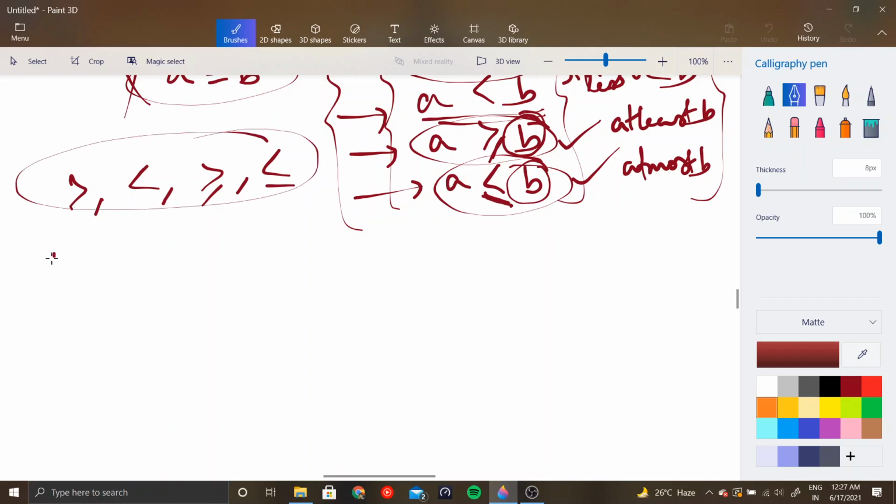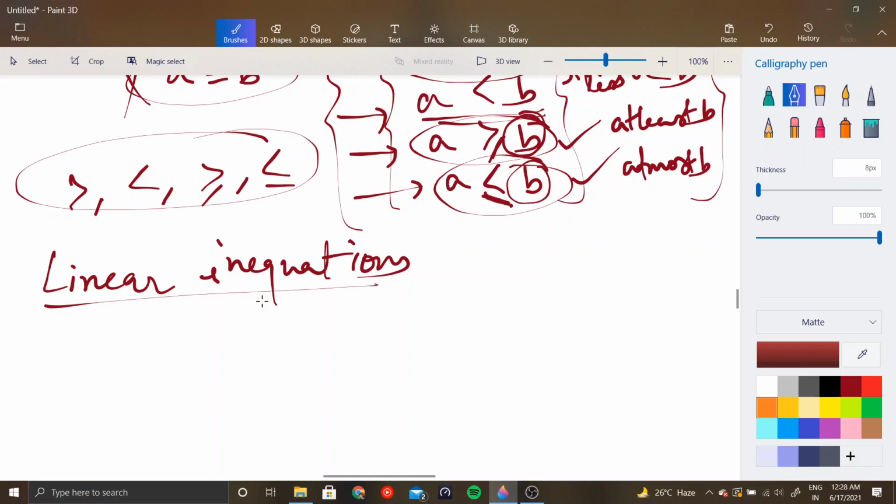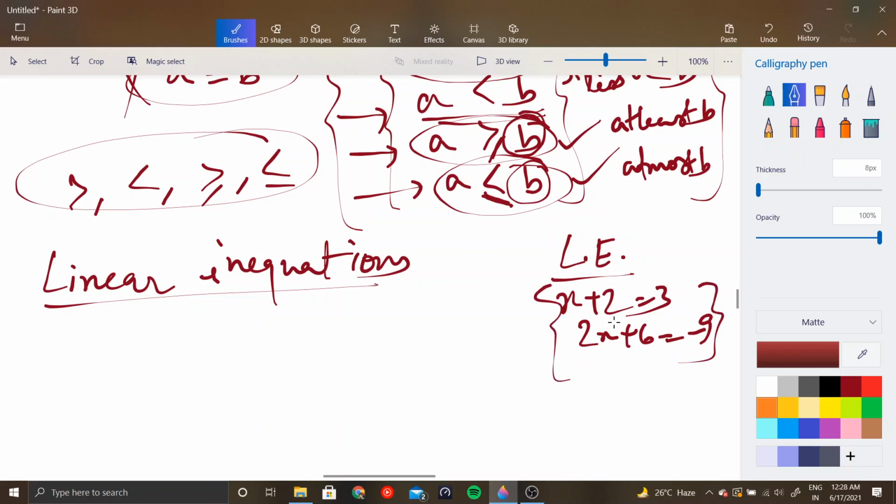So firstly, let us look at what linear inequations are. We know what linear equations are, right? Basically, x plus 2 was 3 or 2x plus 6 was equal to minus 9. This was the equality case. We called these linear equations because they were linearly equal.